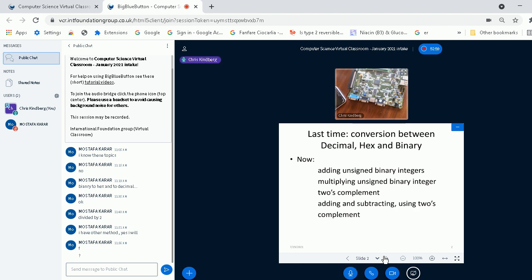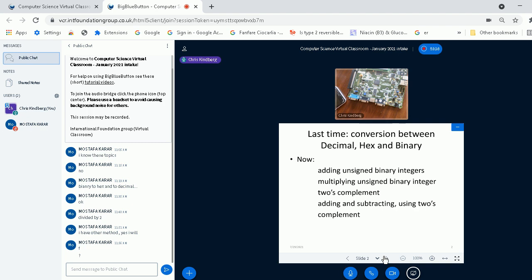First of all, I'll show you something that's obvious to most people: how to add unsigned binary integers and multiply unsigned binary integers.